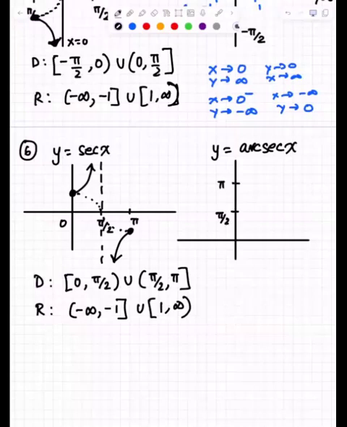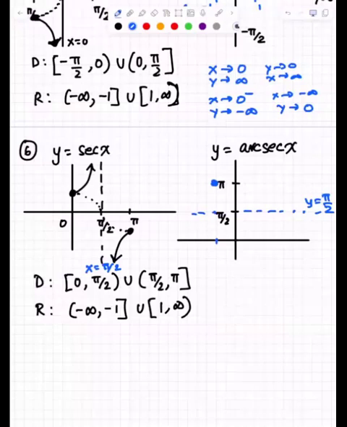Right? We have a vertical asymptote at x is equal to pi over 2, which will become a horizontal asymptote at y is equal to pi over 2. The point pi comma negative 1 will become negative 1 comma pi.